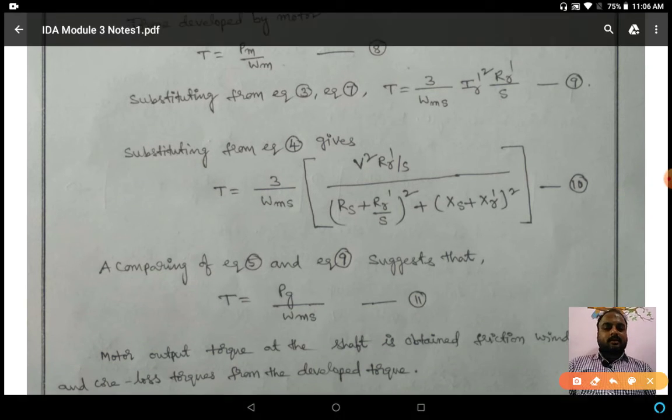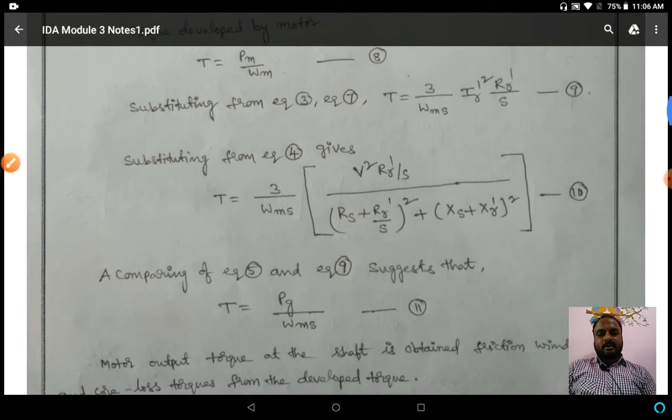T is equal to 3 divided by omega_S into V square R_R dash by S, whole divided by R_S plus R_R dash by S whole square plus X_S plus X_R dash whole square, that is the one expression.